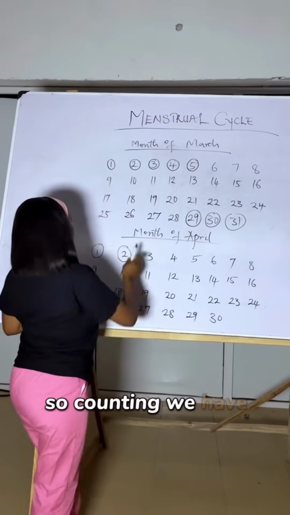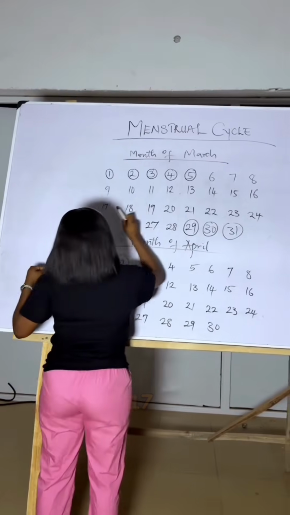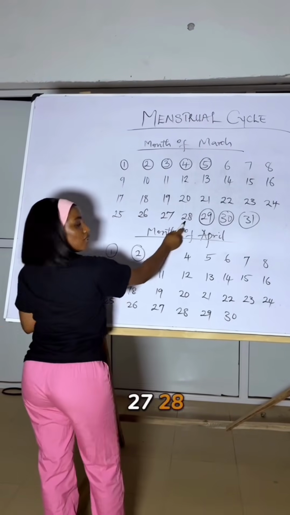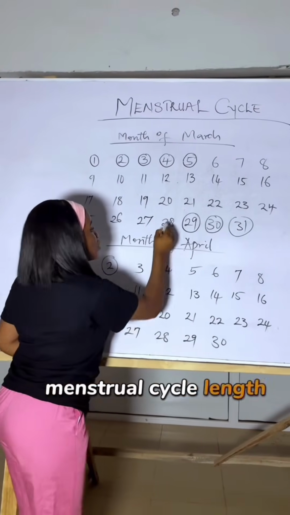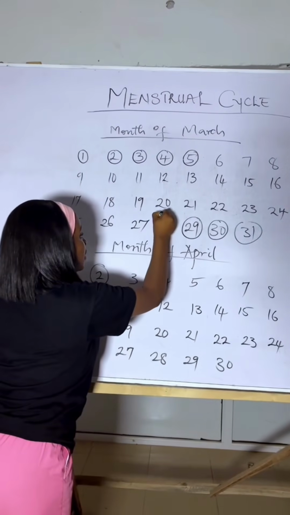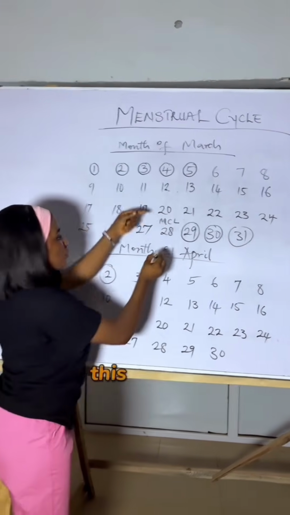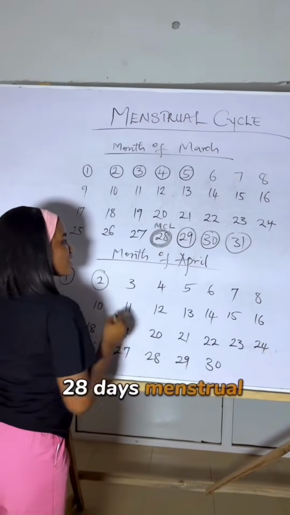So counting, we have 1, 2, 3, 4, 5, 6, 7, 8, 9, 10, 11, 12, 13, 14, 15, 16, 17, 18, 19, 20, 21, 22, 23, 24, 25, 26, 27, 28. So it means that this person has a 28 days menstrual cycle length. MCL, menstrual cycle length. This person's menstrual cycle length is 28 days.